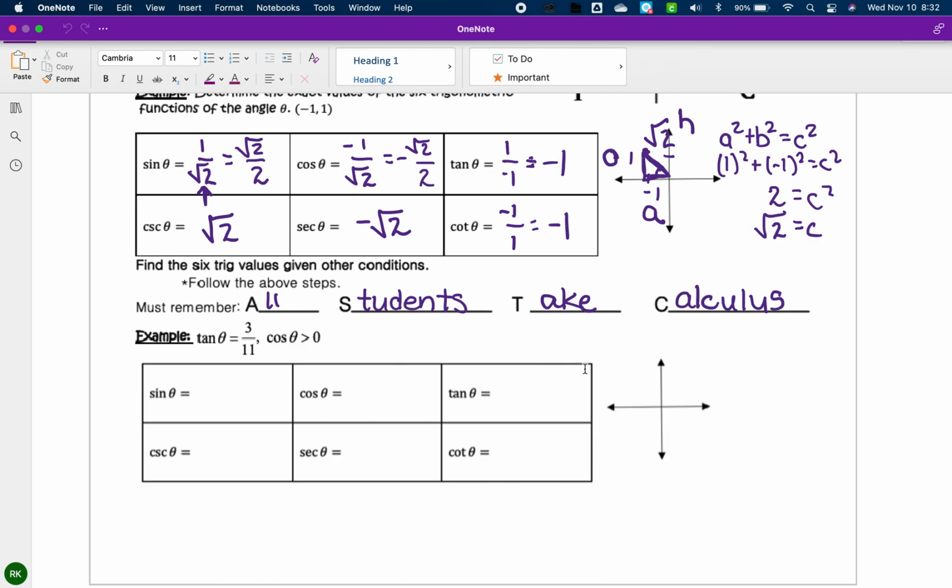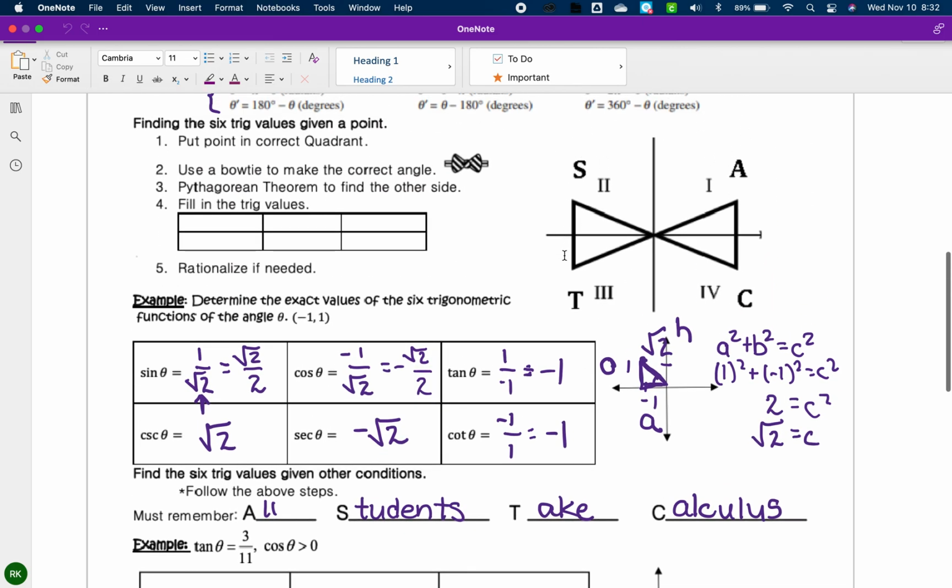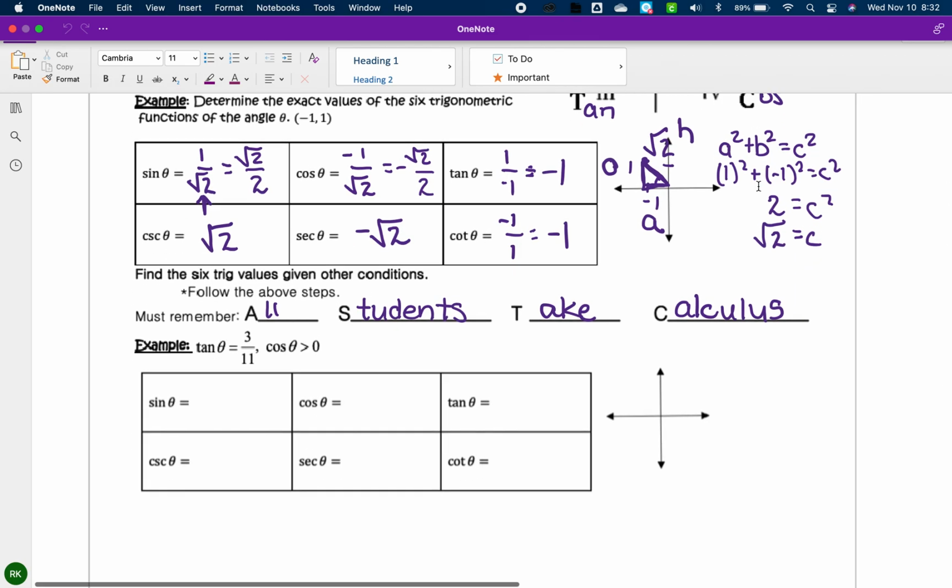So notice I have it actually written up here. All students take calculus. That means that everything is positive in quadrant 1. In quadrant 2, only sine is positive and its reciprocal. In quadrant 3, tangent and its reciprocal is positive. And in quadrant 4, cosine and its reciprocal is positive.